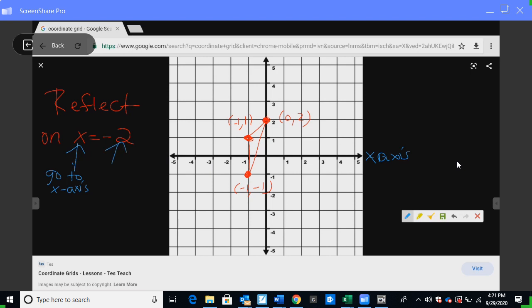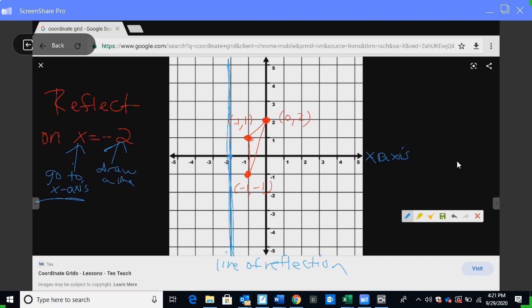That's not the same thing as -2. -2 is right here. Notice how lines go through -2. We're going to draw a line right at -2 here. That's going to be our line of reflection, and that's what we're going to reflect on. So first you find the x-axis, then you go to this point and you draw a line at this point.